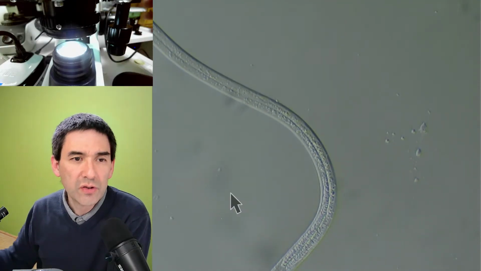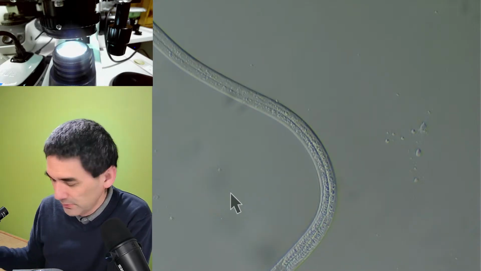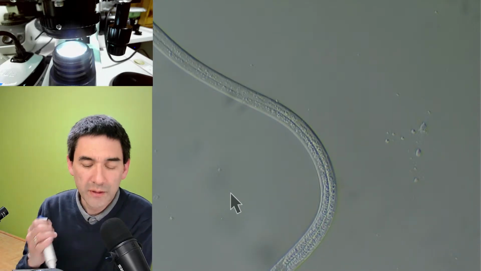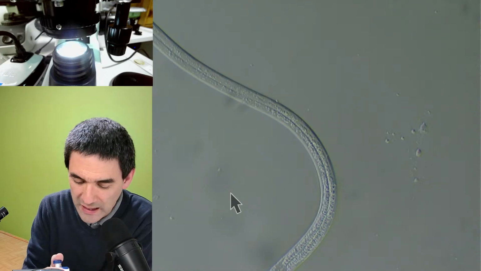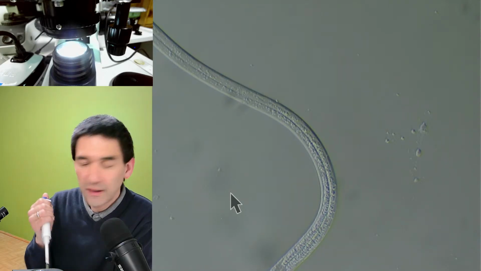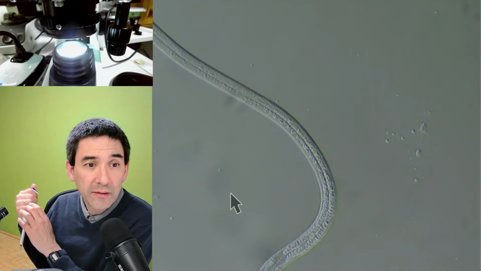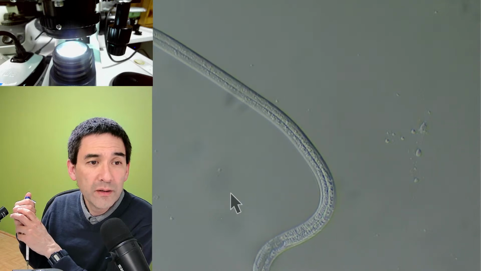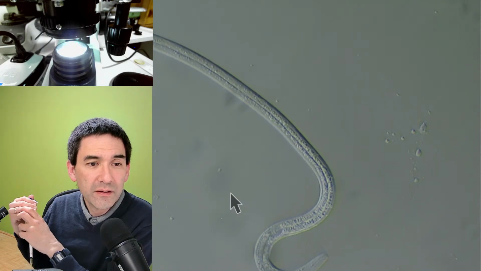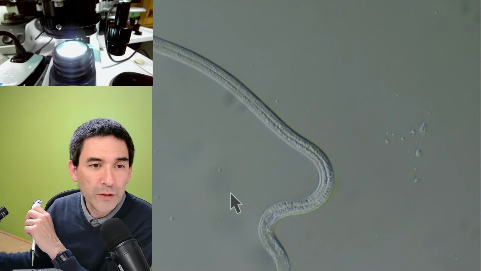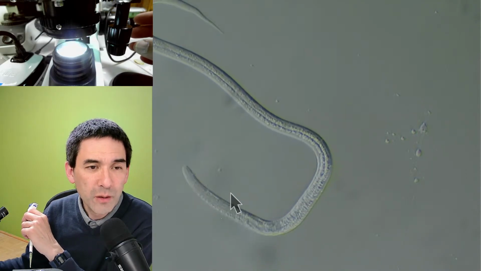So I'm just going to demonstrate. I'm going to add a little bit more vinegar now, or more liquid, to the slide. I'm now adding liquid, and then it should be able to move a little bit more freely because there is now more space.